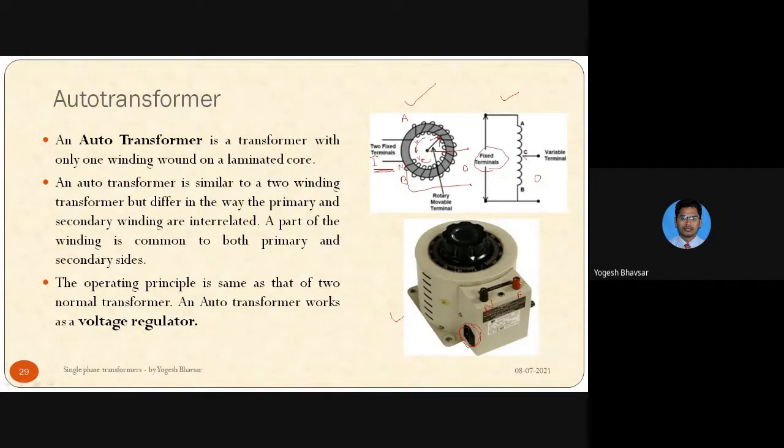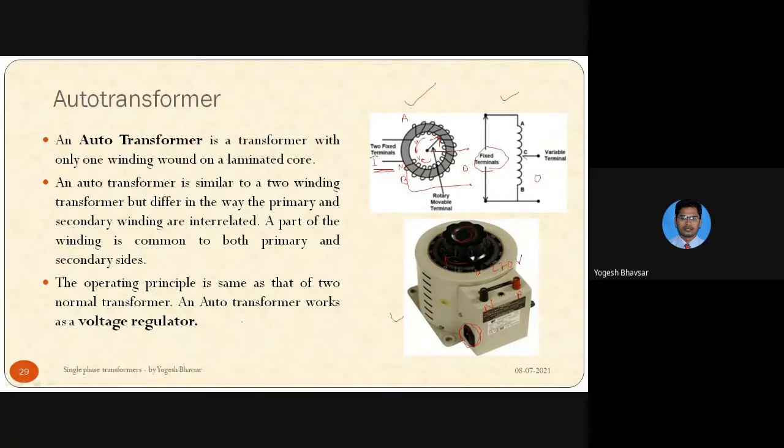We get the output from these two terminals. Here is the rotary movable contact. This is the 0 point, and by rotating it clockwise we get increased voltage. At the end, if it is single phase, the rating will be 270, and if it is 3-phase, it will be 470. Standard ratings are there. So this is called the auto transformer.